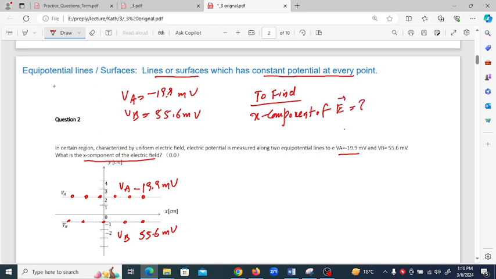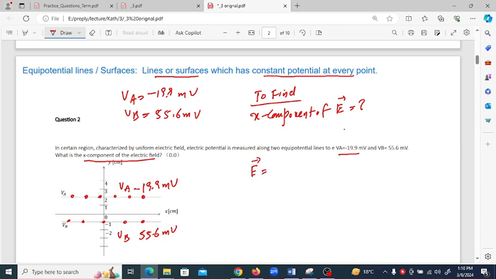As we know, there is no change along the x component of the electric field intensity, because the electric field intensity can be determined by using the formula of potential gradient.